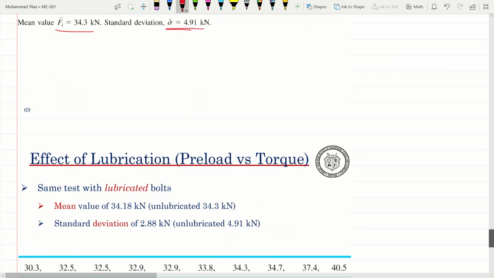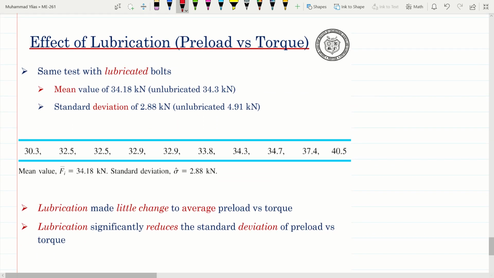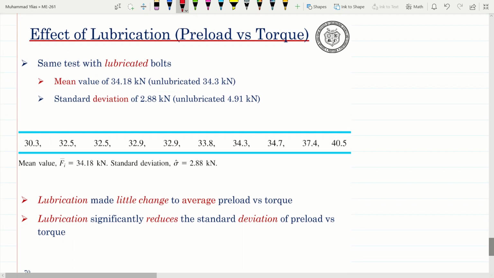Then they performed the same experiment by lubricating the bolts, and then they noticed that the average value for the induced load or the preload did not change, or the change was very little, but the standard deviation was significantly reduced. So if the technician does not apply the lubricant, you should ask them to apply.